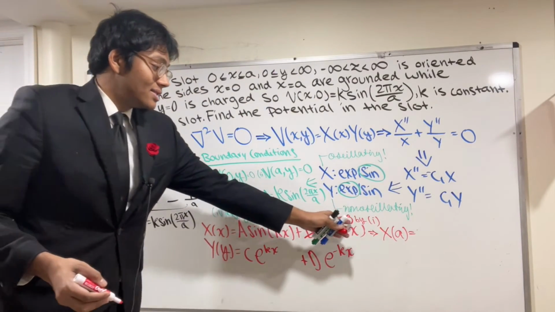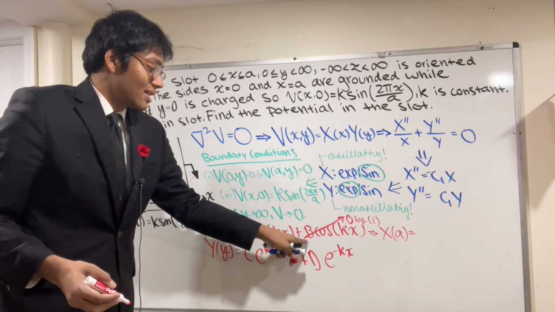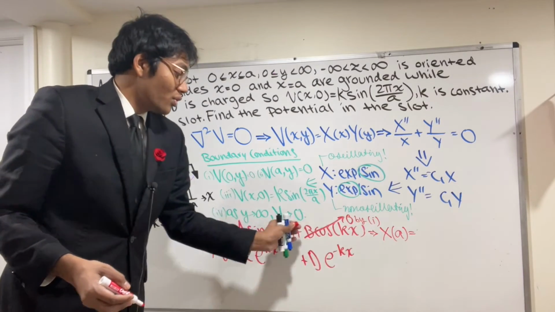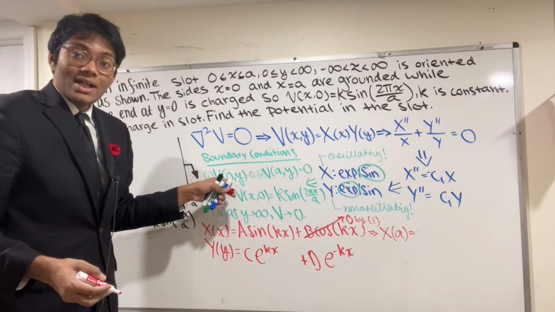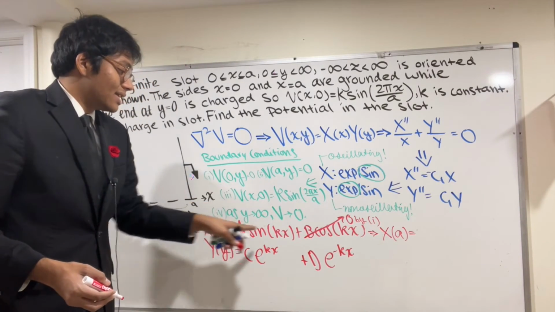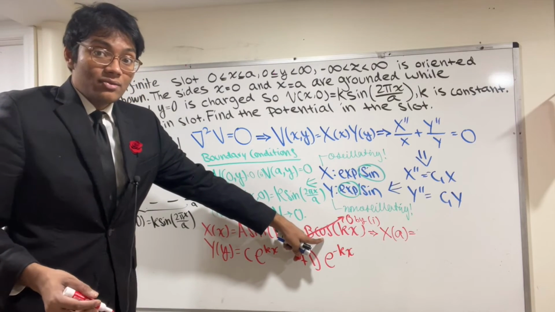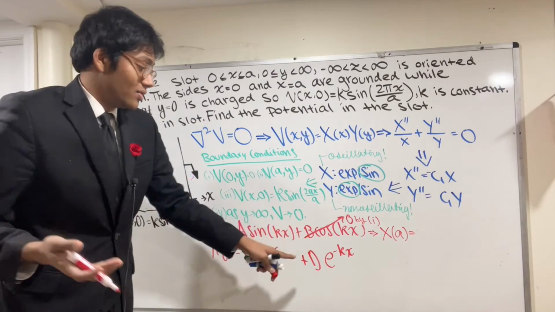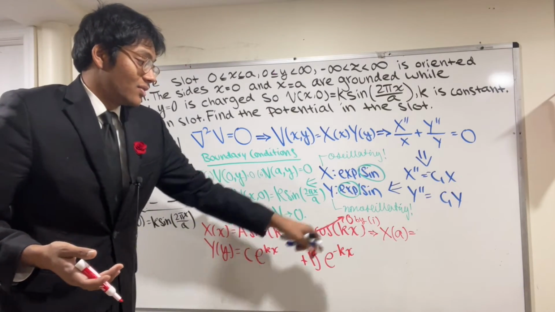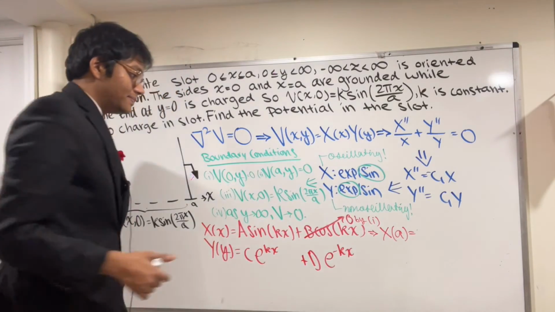It's 0 because of this constant b we figured out was 0. The whole term was gone because of the first boundary condition, since when x is 0 the potential had to be 0, and cosine is 1 when x is 0. Thus, b had to be 0. So bottom line, this term is gone.